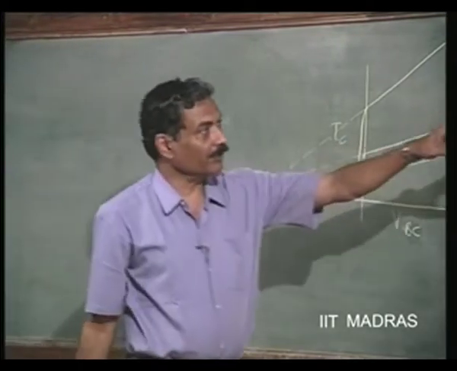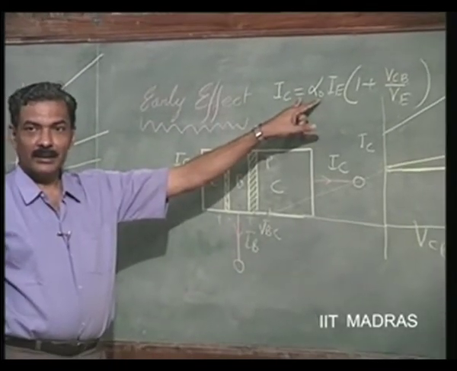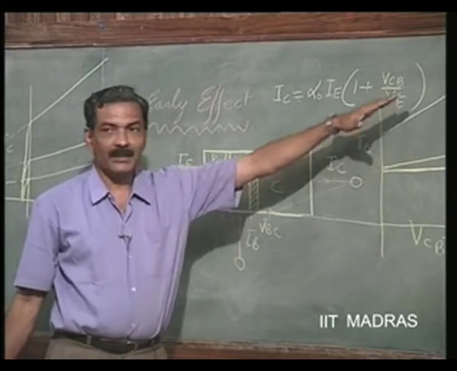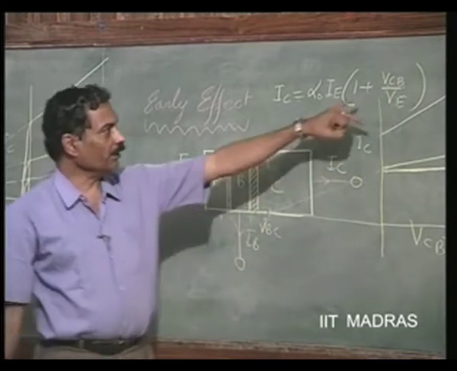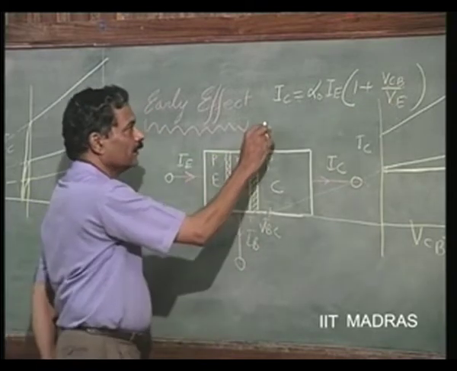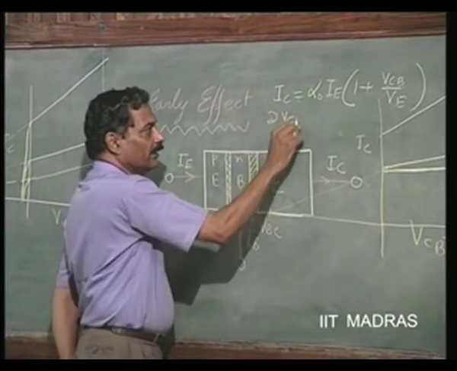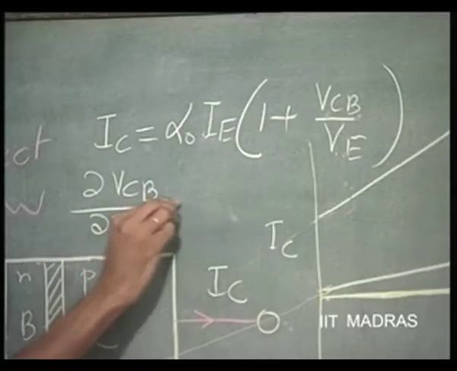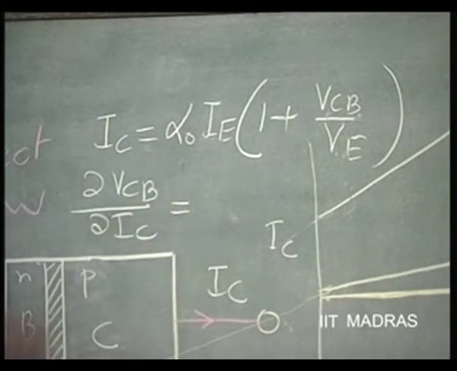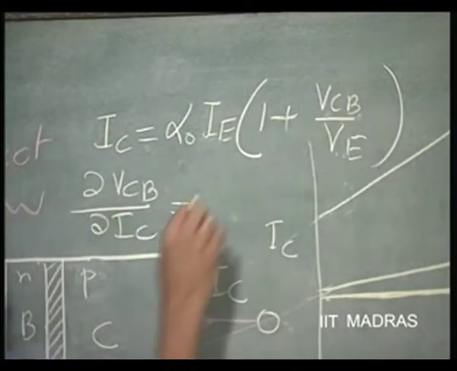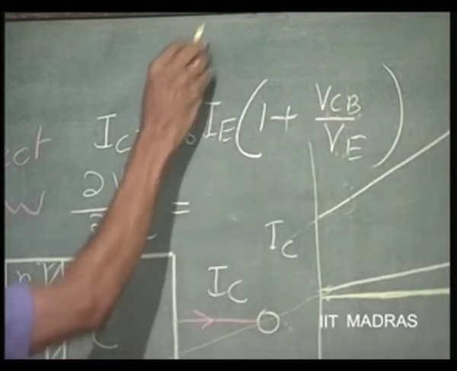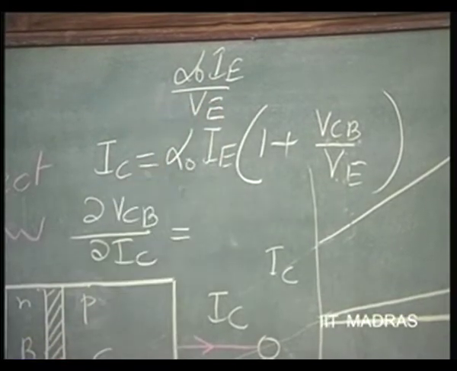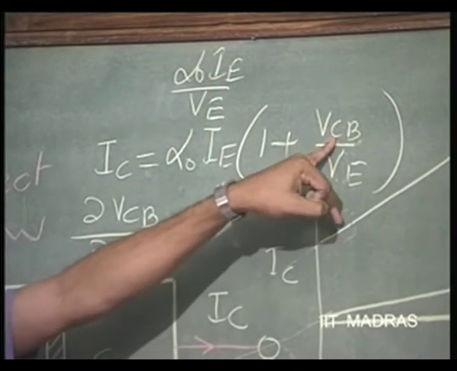In the expression, therefore, please remember you have to give this value if you want to see this effect on output impedance. So, output impedance is nothing but what? Delta VCB divided by delta IC. So, delta IC by delta VCB, from this expression, is alpha naught IE by VE. It is nothing but the coefficient of VCB.